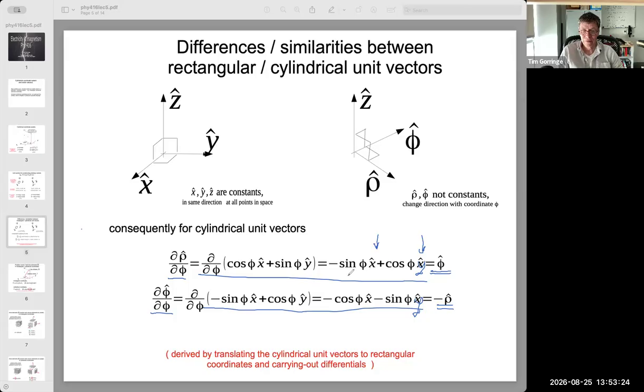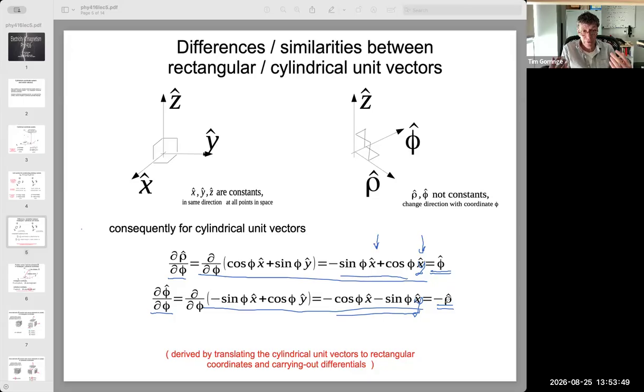This guy here, that's phi. And this guy downstairs here, that's minus rho. So it was a simple matter, once we knew the dictionary that related the cylindrical coordinate unit vectors to the rectangular coordinate unit vectors, to see what the differentials with respect to phi of the rho and the phi unit vectors are. And that's what I've carried out here.